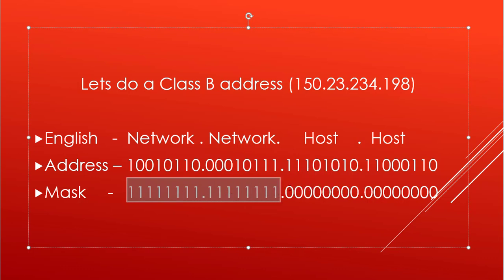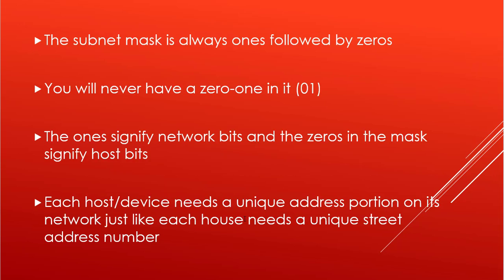So again, anything above a 1 is network, anything above a 0 is host. Now, the subnet mask is always all 1s followed by all 0s. You can never have a 0 and then a 1 in a subnet mask because it doesn't work that way. So the 1s signify network bits and the 0s in the mask signify host bits. So again, each host device needs a portion that's unique to them and a part that's shared by everybody in the group or the network.